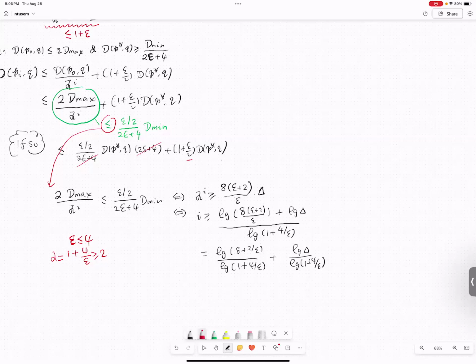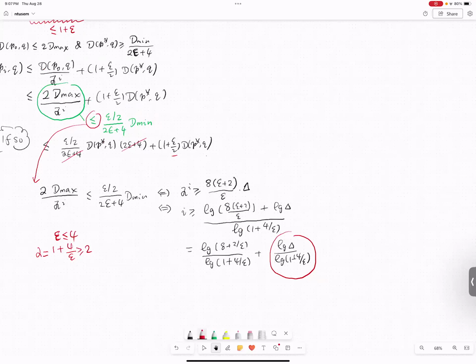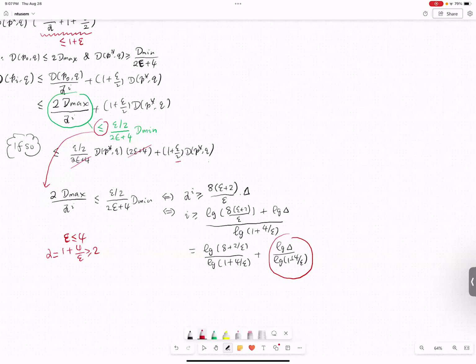So we know this term is at least, this is big O of log delta over log 2. So this is just log delta. Okay, now how about the first term?